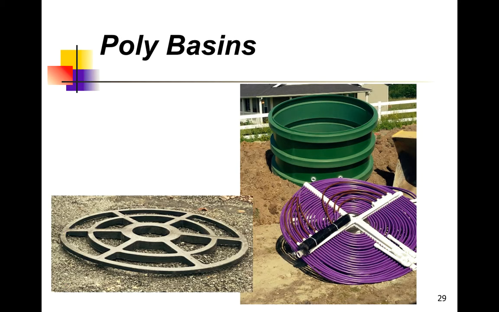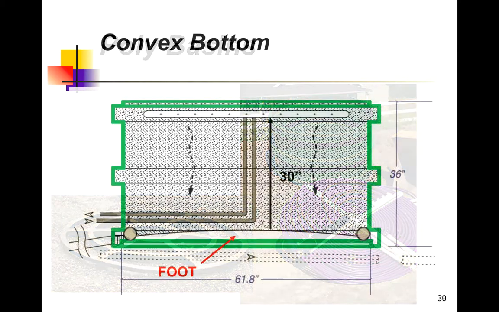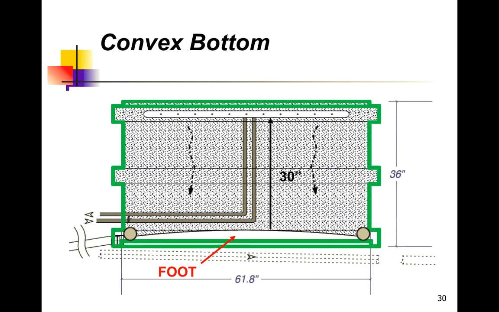The basin and coil are on the far right, and we also have a new component that we add with that, and that is the foot. The foot is actually installed underneath the basin and gives the bottom a convex shape that allows all the liquid, as it trickles down through the media, to flow to the outer edges, where it's then trapped within or funneled into what we call the channel on the lower outside rib.